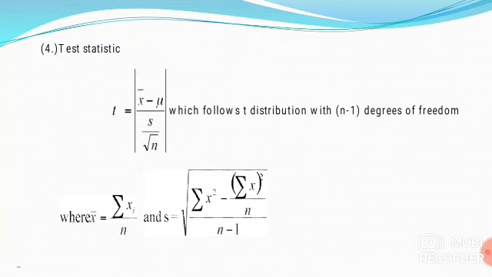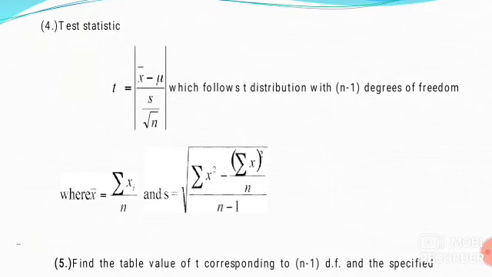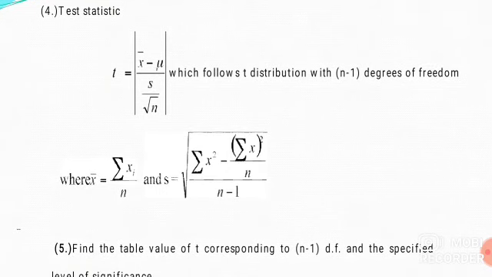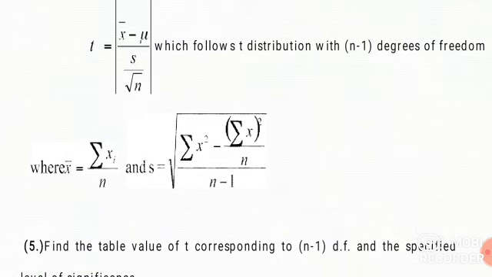X bar minus mu divided by s upon under root n, which follows the t distribution with n minus 1 degrees of freedom, where x bar equals summation xi divided by n, and s is the standard deviation. Its formula is under root of summation x square minus summation x whole square divided by n, all divided by n minus 1.